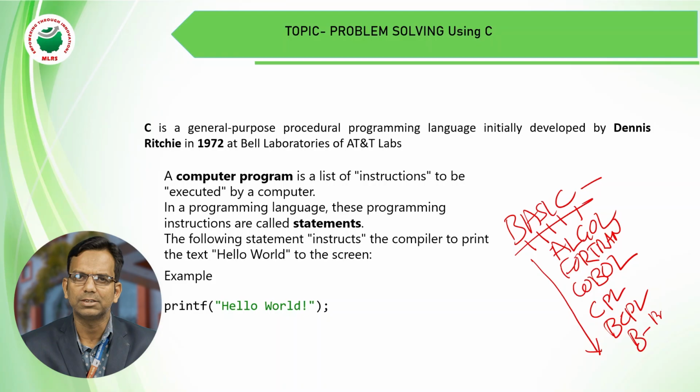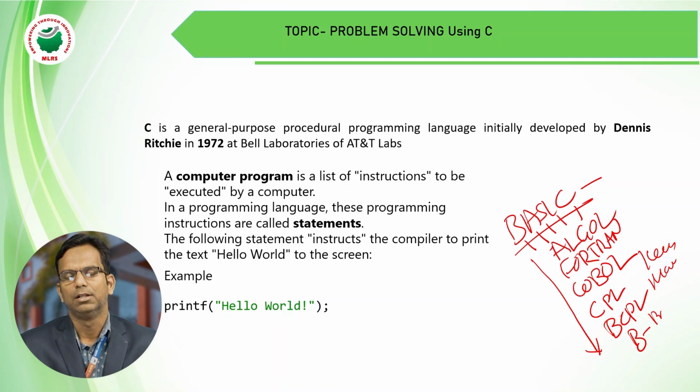To overcome them, other authors like Ken Thompson and Martin Richards invented languages like ALGOL, CPL, and BCPL. But every language had a specific drawback. To overcome the drawbacks of those programming languages, Dennis Ritchie invented the C language.